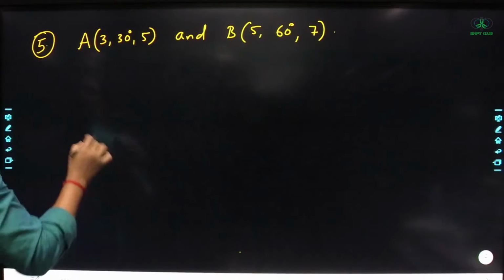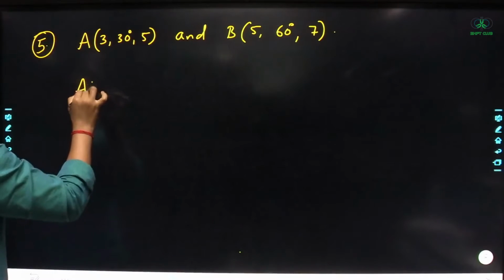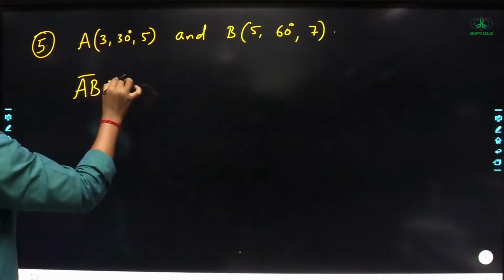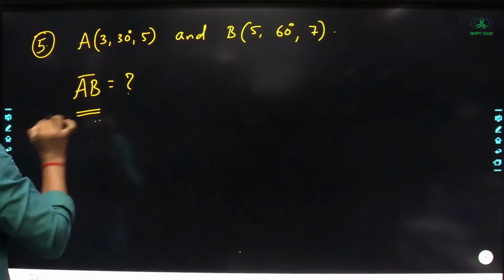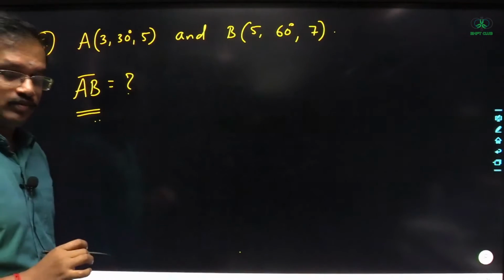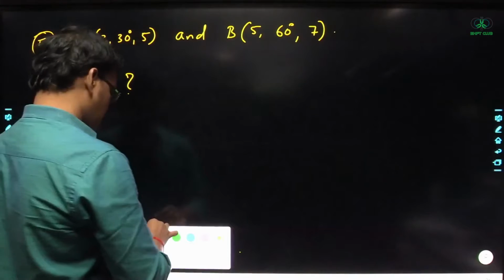I have given point A and point B in cylindrical coordinate system. Now if I ask you to determine AB bar, can you write AB bar in this manner?